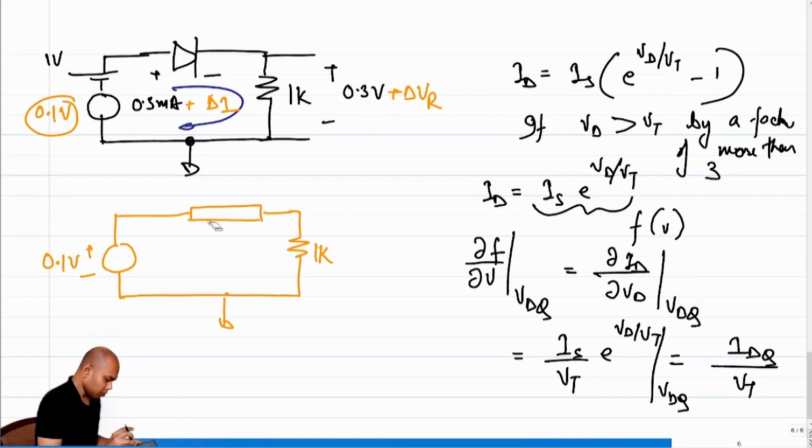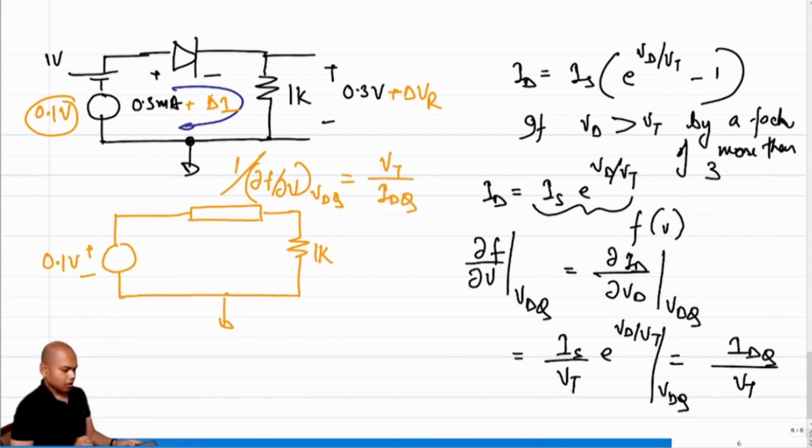So now, what is this element? This element is nothing but 1 over del F del V evaluated at VDQ, which is nothing but VT over IDQ, correct? So what is the unit of this VT over IDQ? We did del I del V, right?